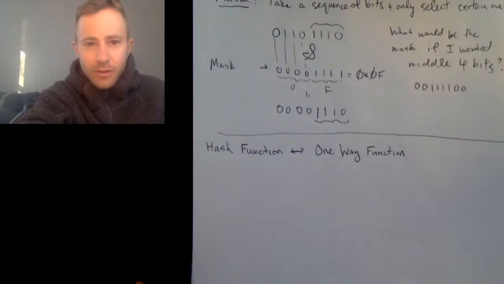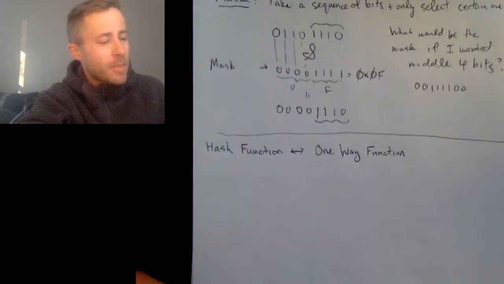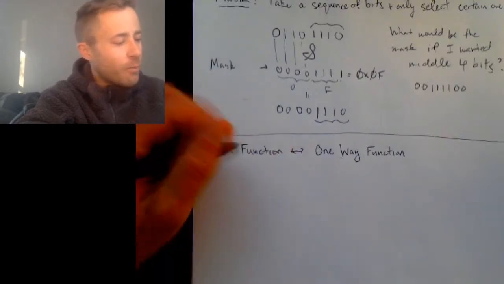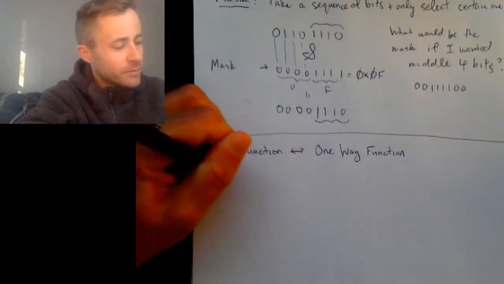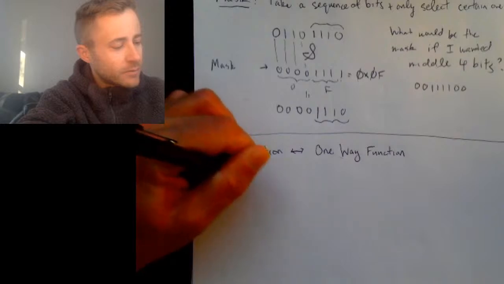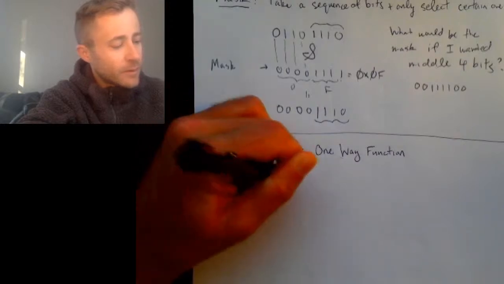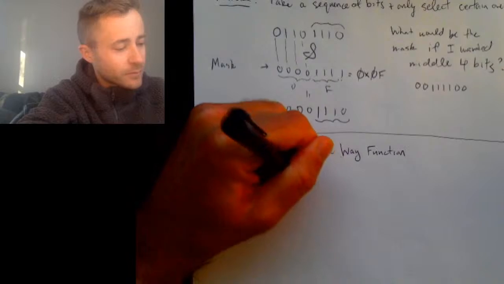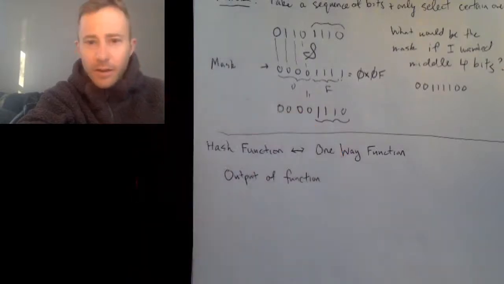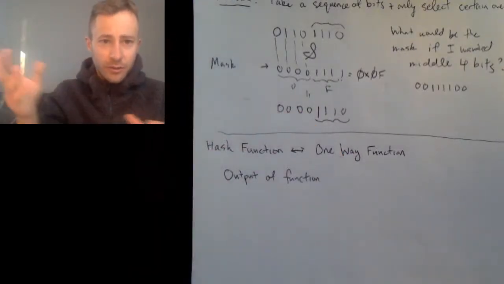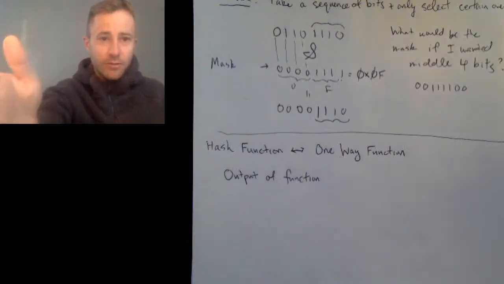And basically what a hash function does is the output of the function... so you know what a function does is it takes in an input and it gives you an output.